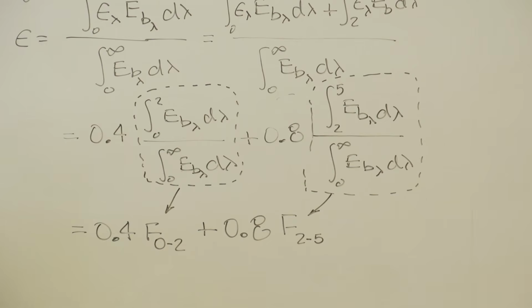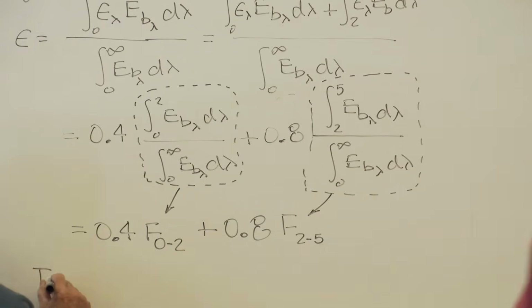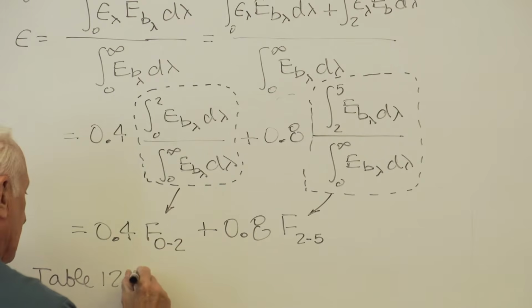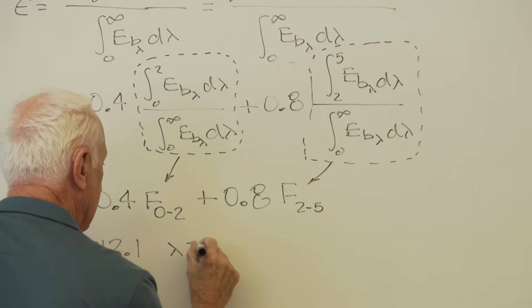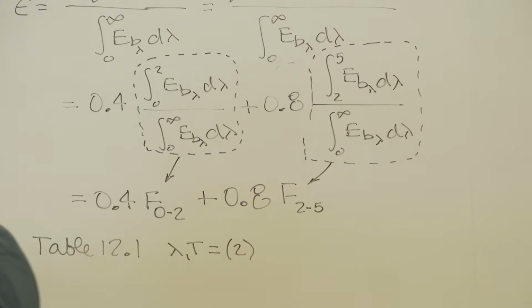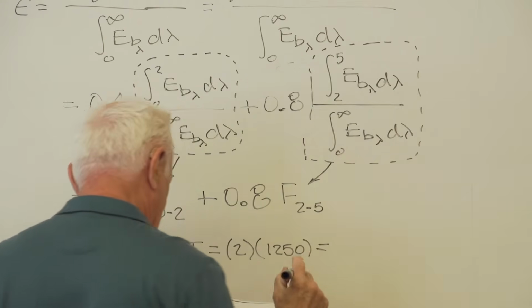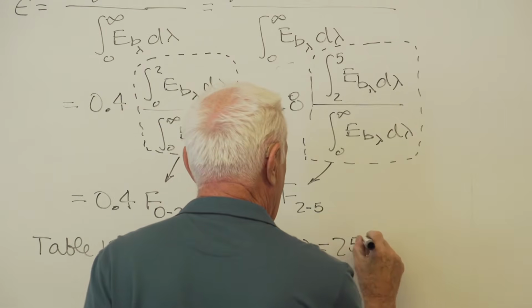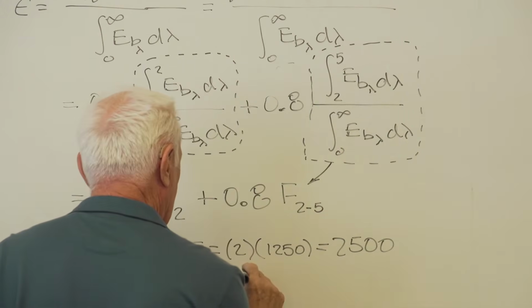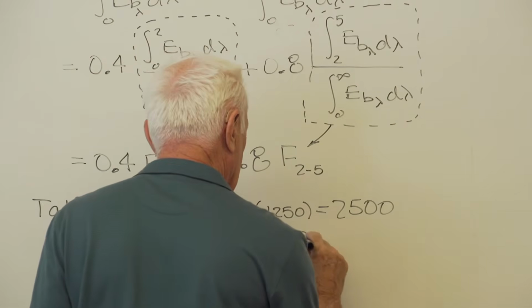Okay, I've got to use table 12.1. So I go to my table 12.1, and I say lambda 1 T. Lambda 1 is my 2 micron point. Temperature of the surface given, 1250, gives 2500. F 0 to 2 comes out to be, from the table, 162.